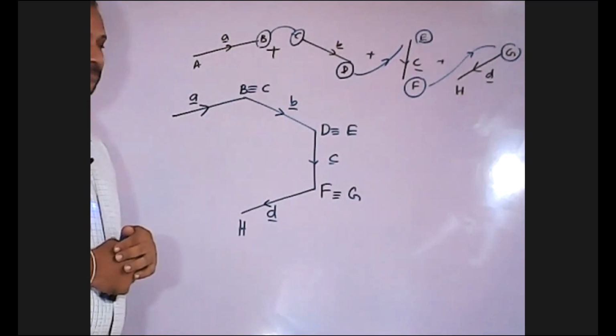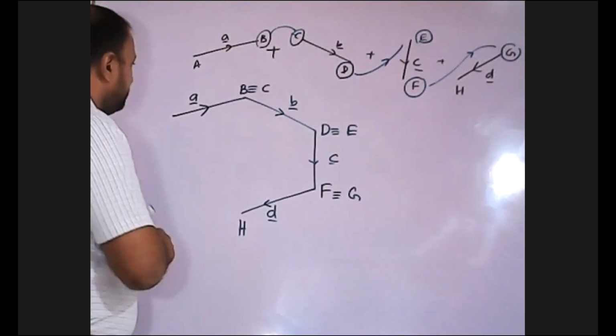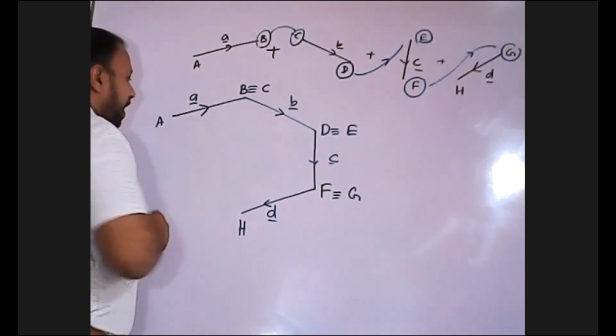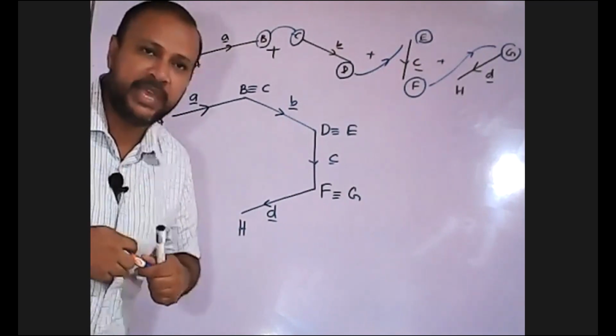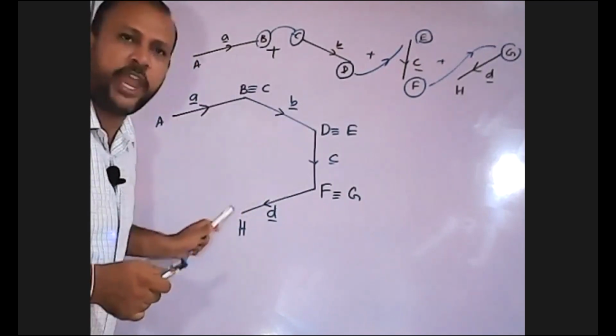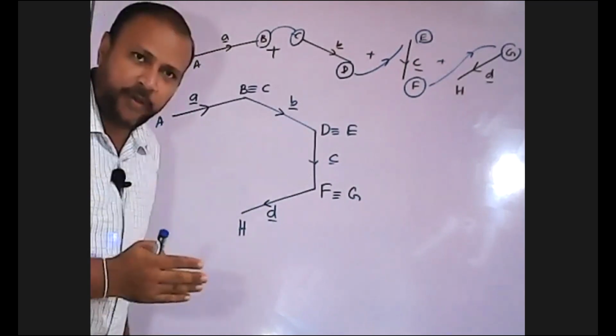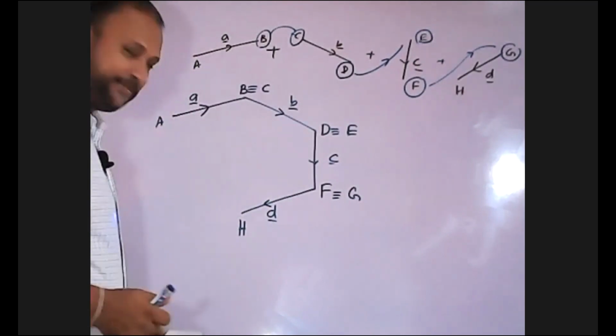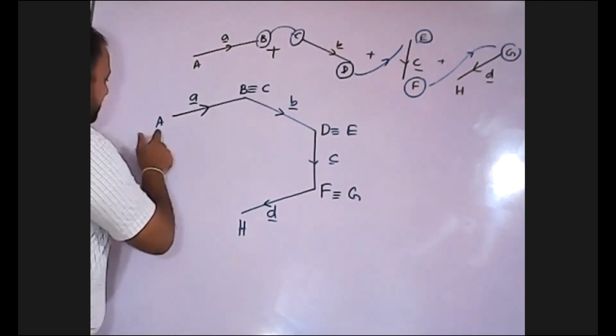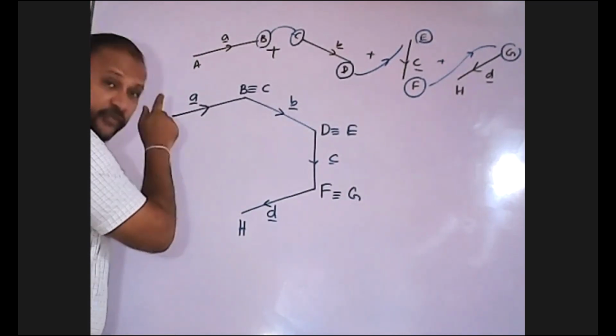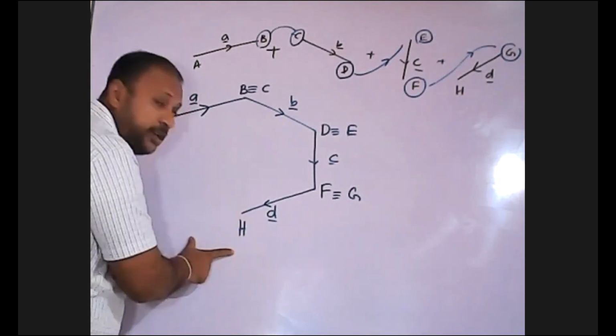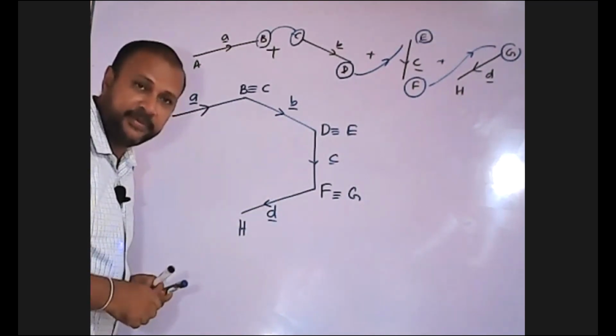What do you have now? This is a geometrical shape, but it is not complete. There is an opening. This is the starting point of the first vector, and this is the end point of the last vector.